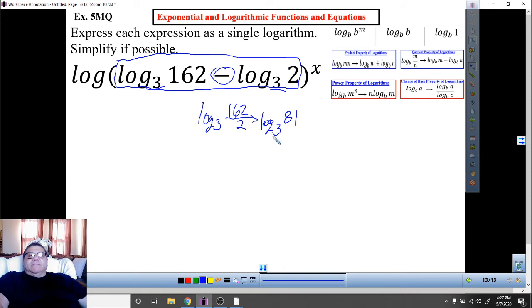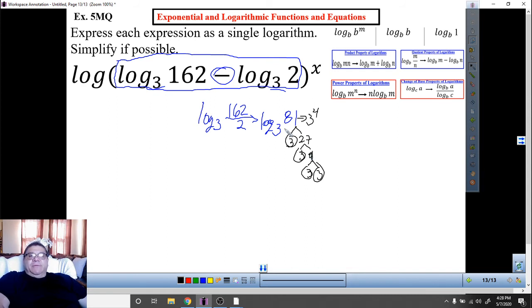These are not the same. The base and that number is not the same. But can we write 81 in base 3? Let's find out. 81 divided by 3, that's 27. 27 divided by 3, that's 9. 9 divided by 3 is 3 and 3. So this can be written as 3 to the 4th power.